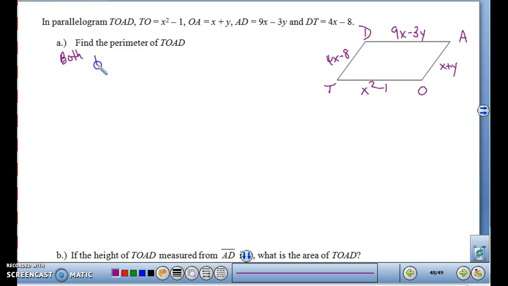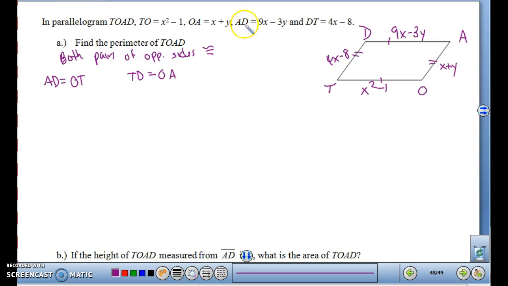So both pairs of opposite sides are congruent. So that means that AD will be equal to OT. This one will be congruent to this one. So we also know that TD and OA will be congruent.